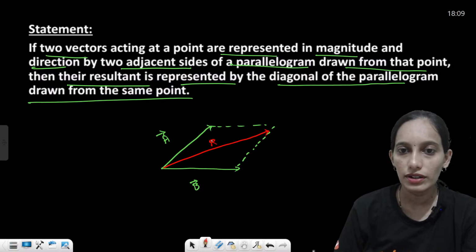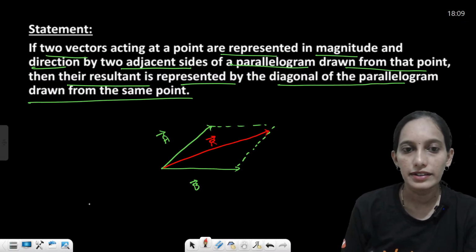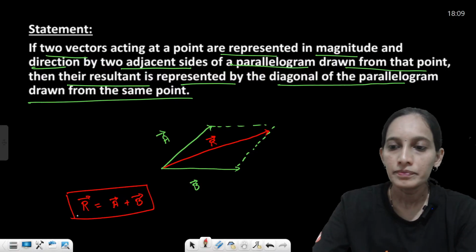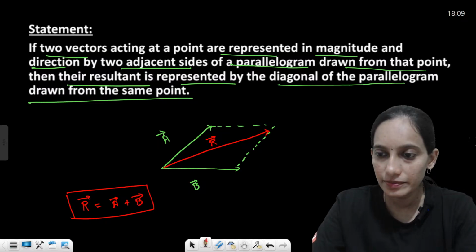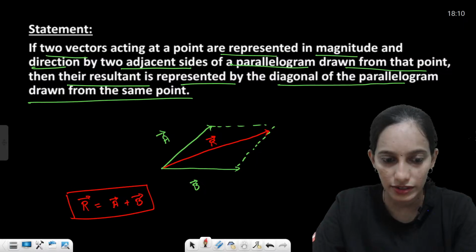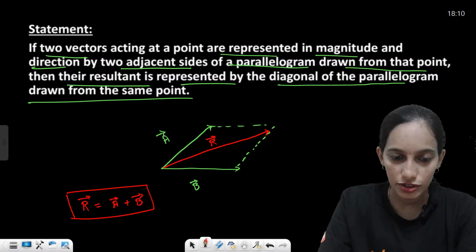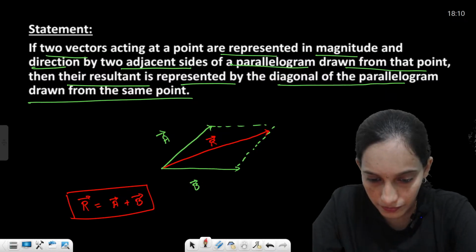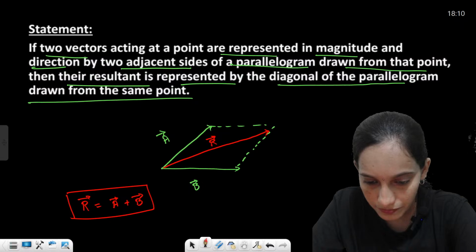Okay. So this is our R vector and I can say R vector is equal to A vector plus B vector. Hope it is clear. Any doubts? Please respond once. If it is understood, give me a thumbs up so I can go ahead. Hope no doubts.